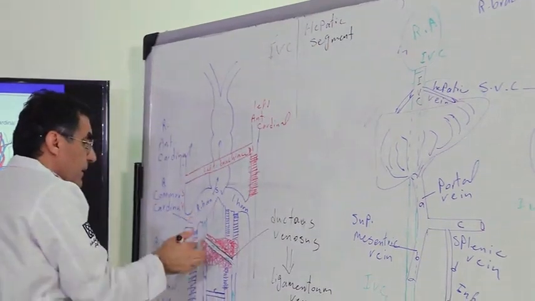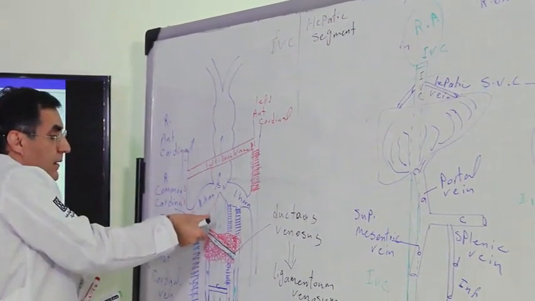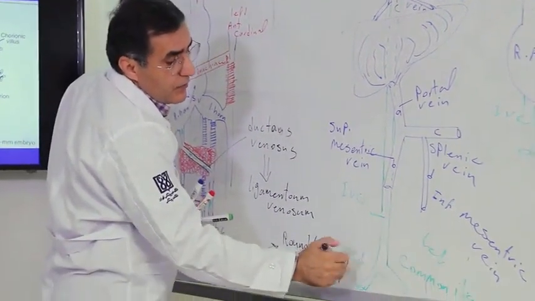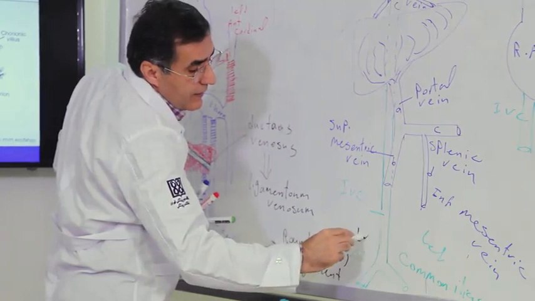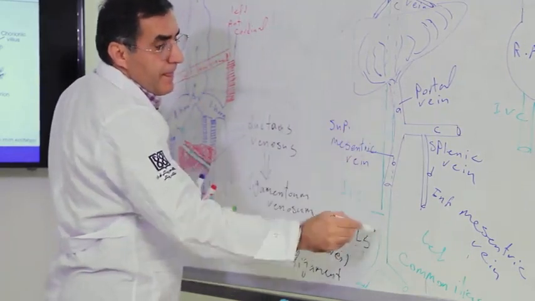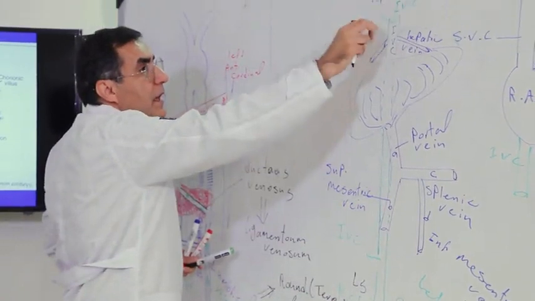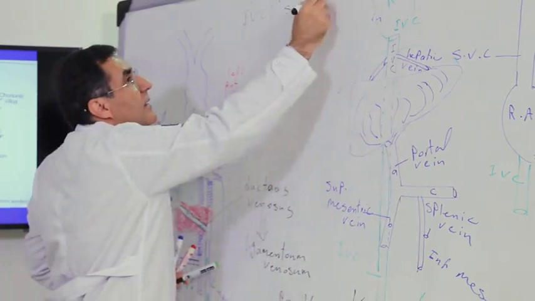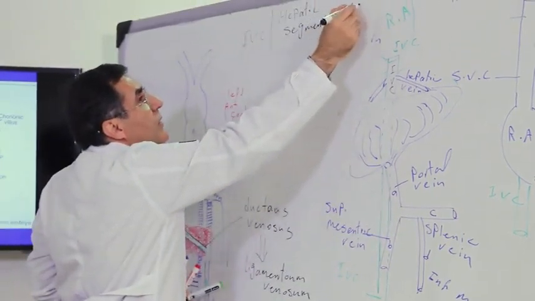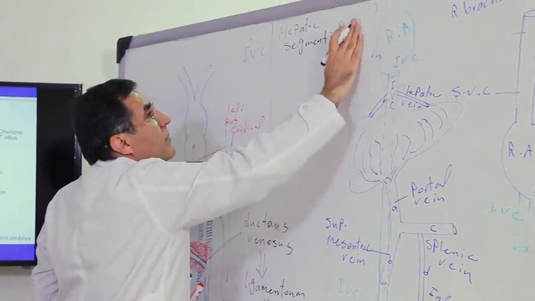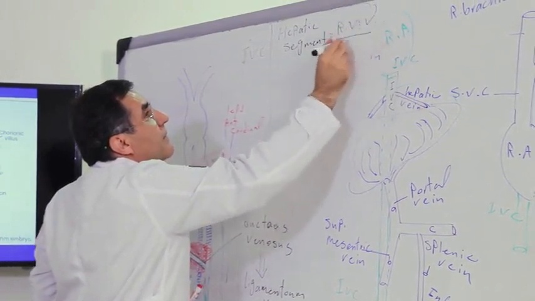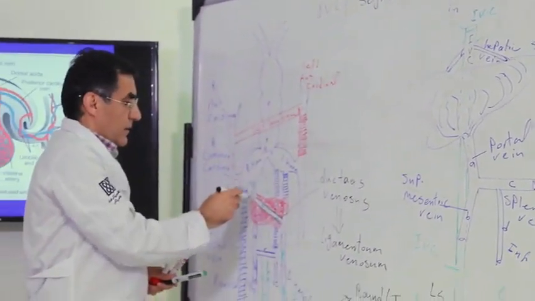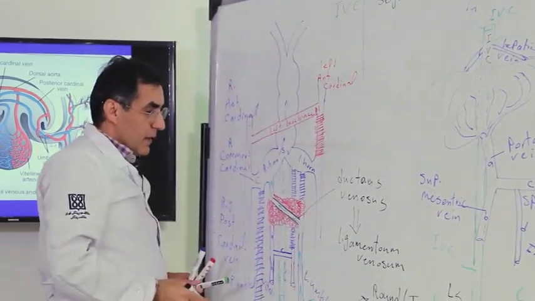The hepatic segment means this part only, not the whole of the IVC, because the IVC starts from the posterior abdominal vein around L5. It's a long vein. Only the suprahepatic part is made by the right vitelline vein. The right vitelline vein makes the hepatic segment, or the last part, of the IVC.